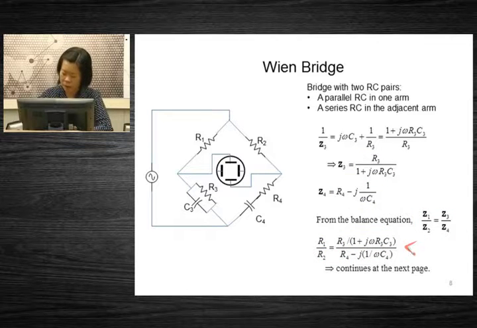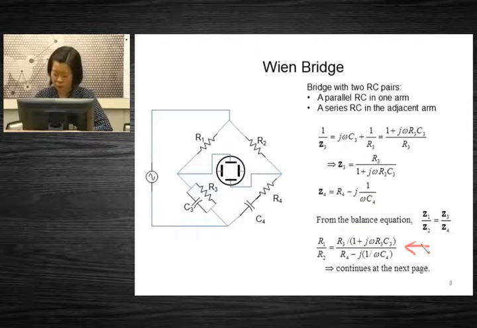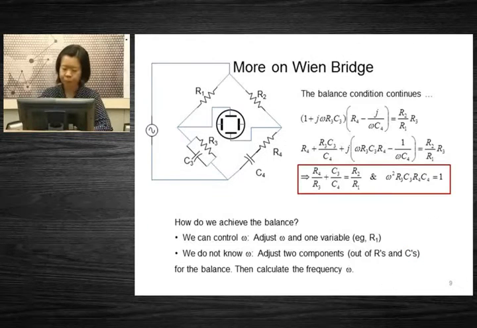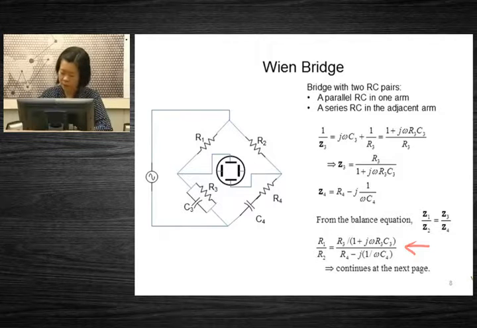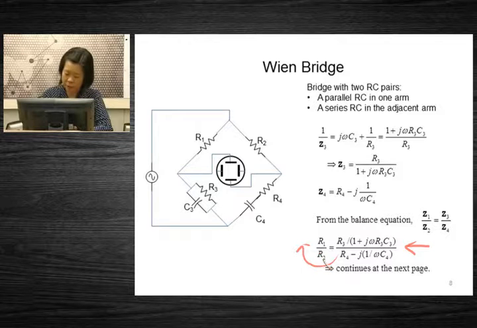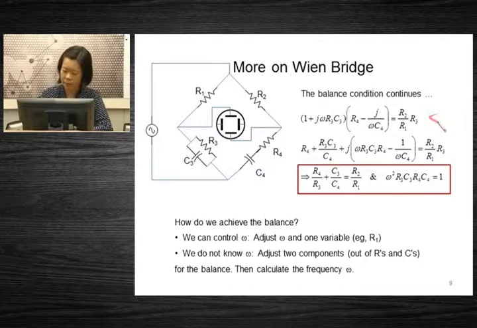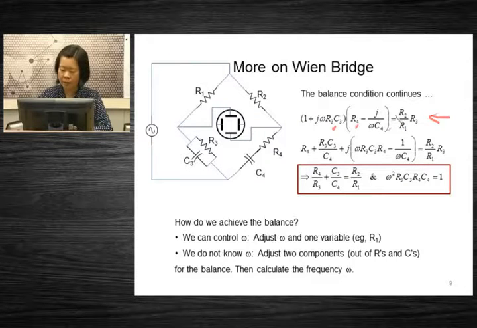So let's look at this equation. Continuing on the next page. From this equation, when we put the denominator part on the other side of the equation, this is what we find. Now this has both real parts and imaginary parts. So let's rearrange this equation such that we have the real part and imaginary part separately.